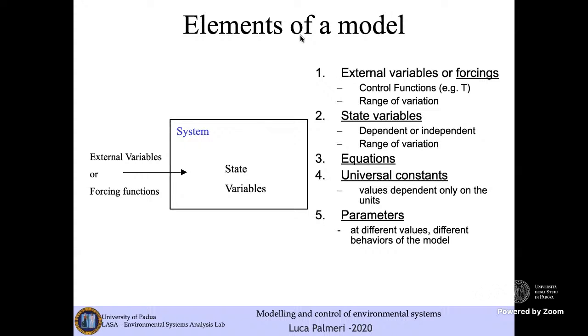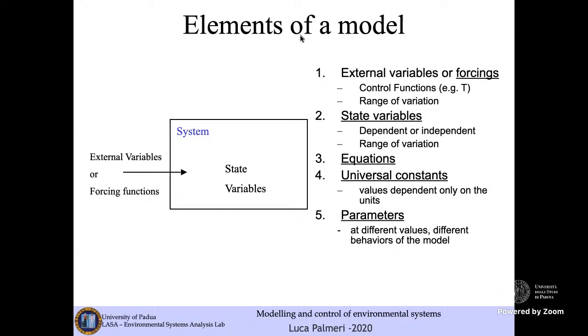So the environmental temperature, that is a forcing function, an external control to our system, is a characteristic that is fundamental in order to discriminate different behaviors of an ecosystem in different conditions.